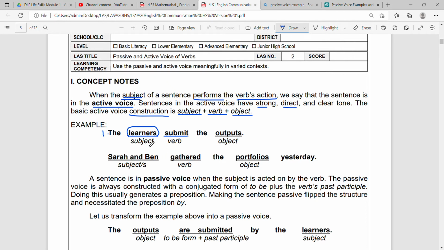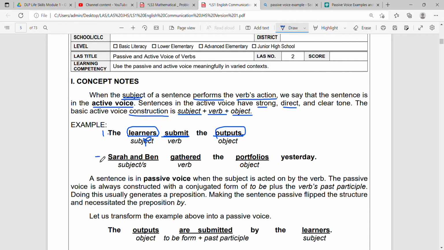Daghan. Mao nang plural siya. Okay? Plural subject, plural pod nga verb. Alright, mao ni siya ang outputs, mao na siya ang object. So the learners submit the outputs. So the learners mismo ang nag-submit sa ila nga outputs. So the sentence is in the active voice.